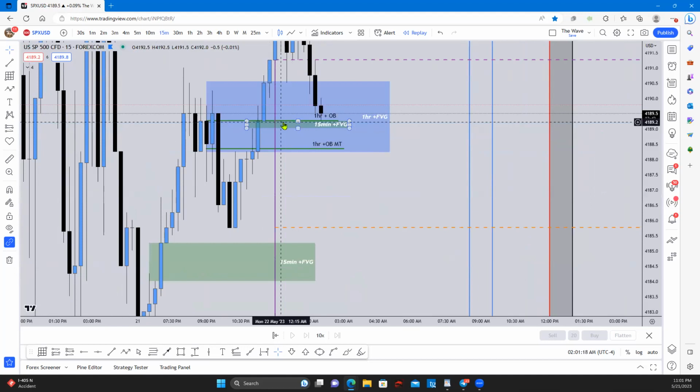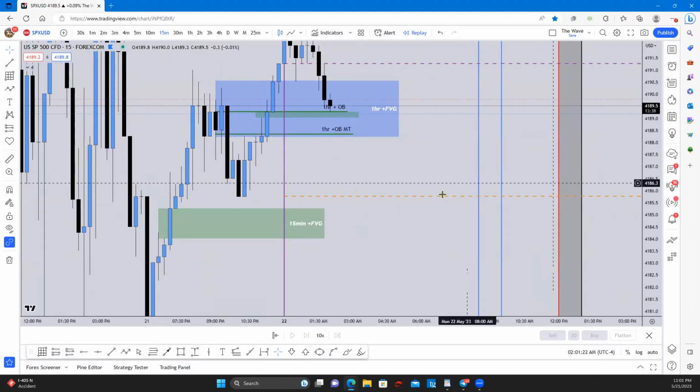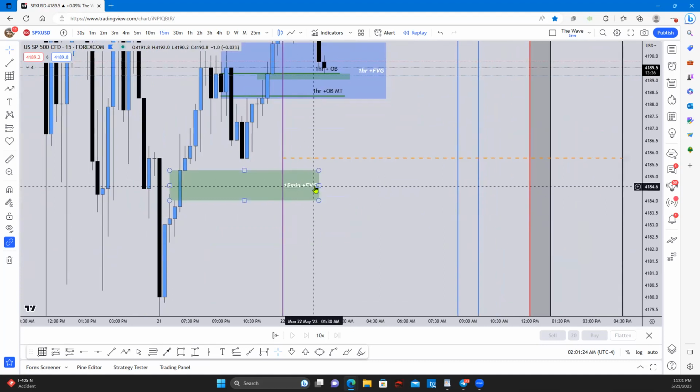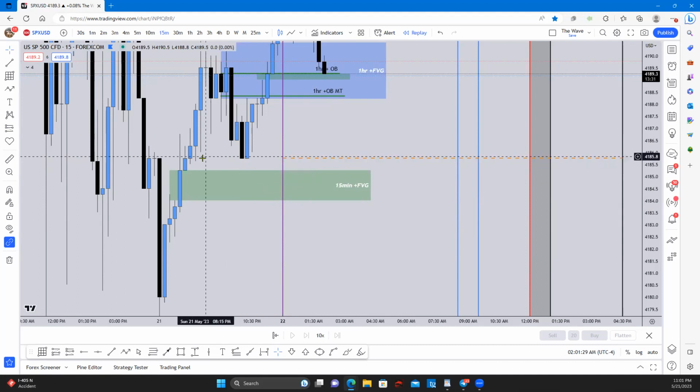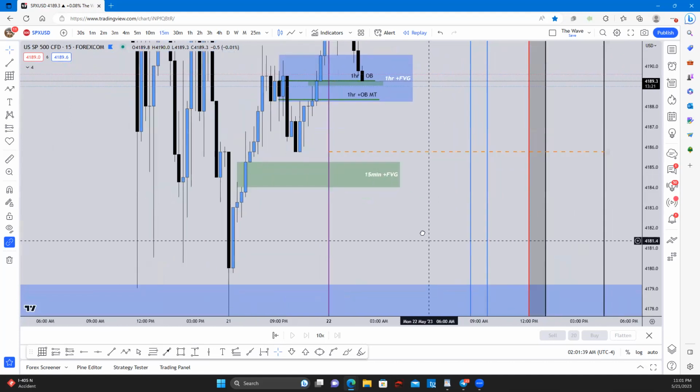But we could disrespect this 1-hour order block, and we could head back down into this 15-minute as your next PD array. You also have some relative equal lows here in this 15-minute, which is our weekly opening price there in that purple dash line.